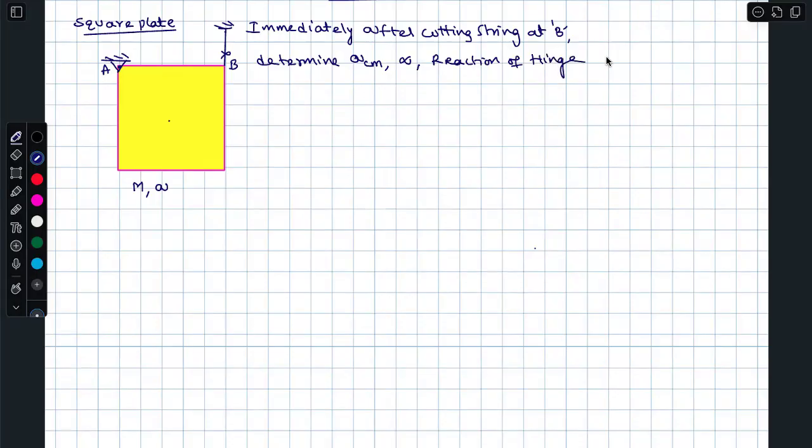This is what we want: the reaction of the hinge.